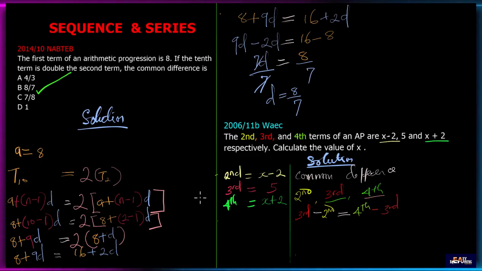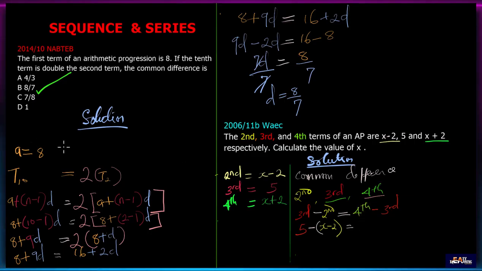The third term here is 5, so we subtract the second term from it. The second term here is what we've been given, x minus 2.